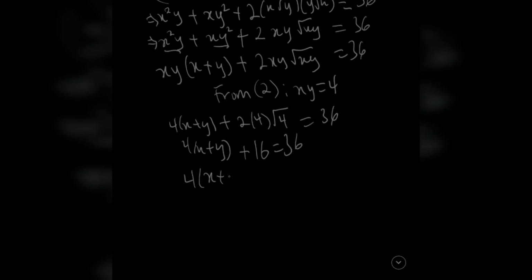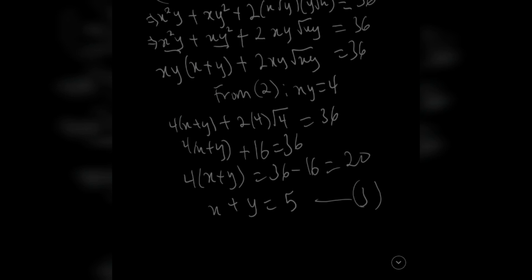So 4 multiplying x plus y will be equal to 36 minus 16, which is 20. We can divide it through by 4 to get x plus y equals 5. Let's name it our third equation.